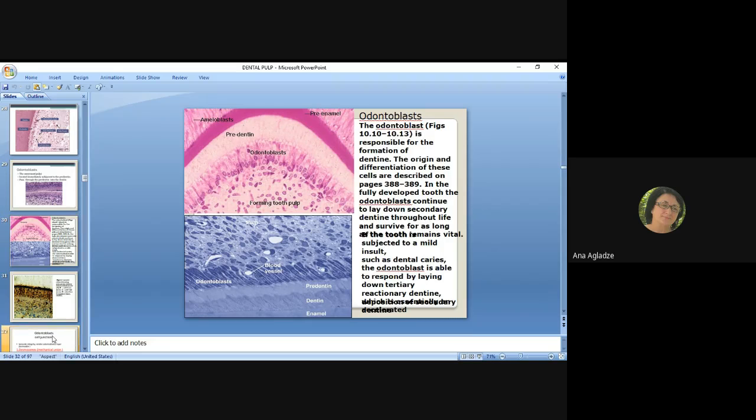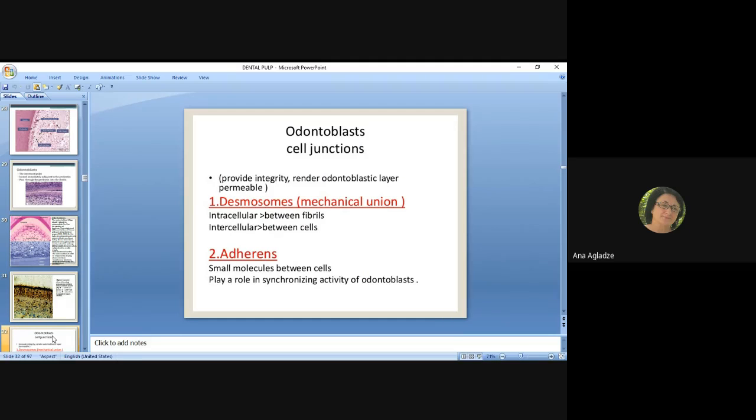And here you can see the junctional complexes. You know that they adhere these cells very tightly to each other. And these junctional complexes are desmosomes.